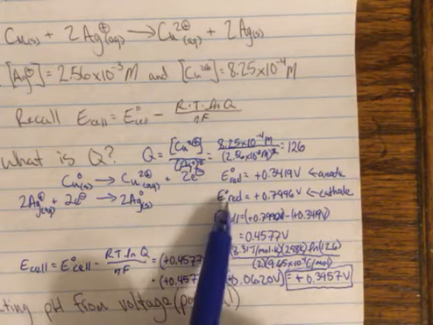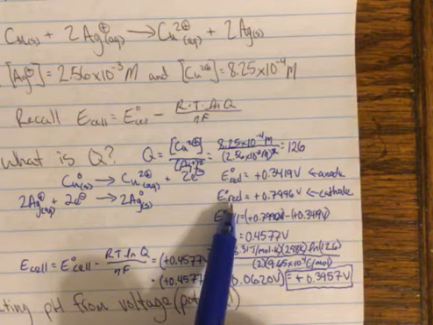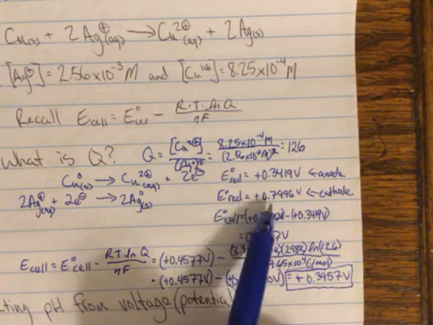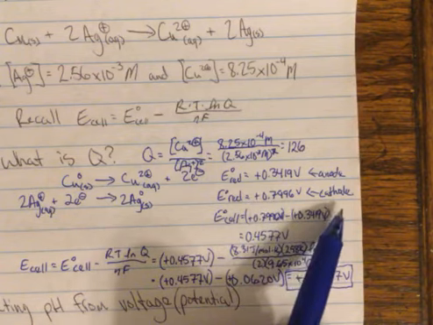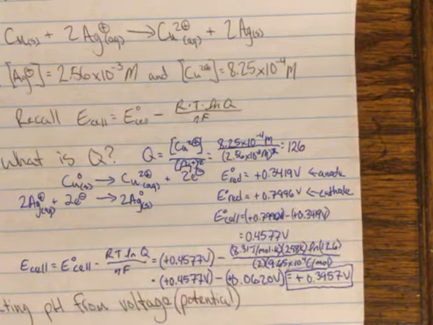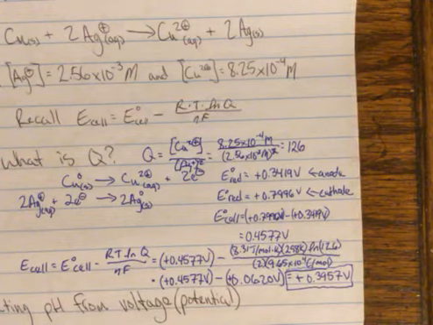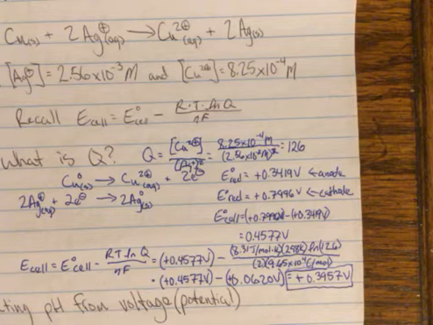Okay, so the standard reduction potential of silver is going to be 0.7996 volts. Okay, so that's going to be the cathode because it's going to be higher in value than the anode. So remember, it's going to go from a lesser reduction potential to a higher reduction potential species.